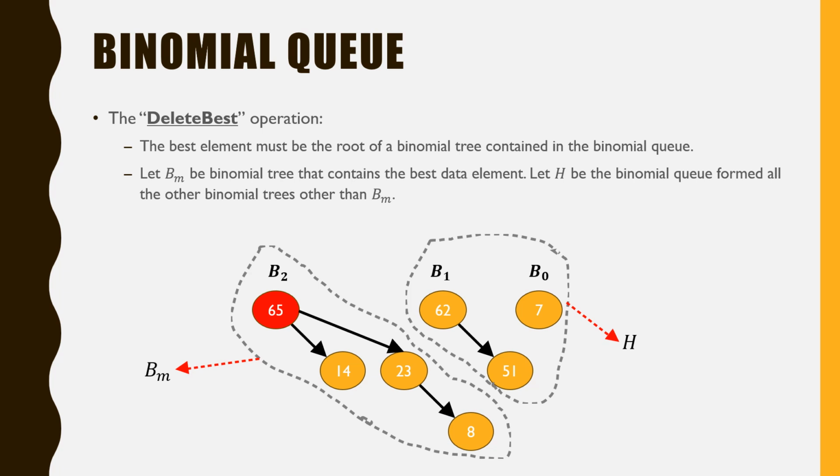Let Bm denote the binomial tree containing the best element, and let H represent the binomial Q formed by all the other binomial trees except Bm. In our example, Bm is B2, and H consists of the binomial trees B0 and B1.